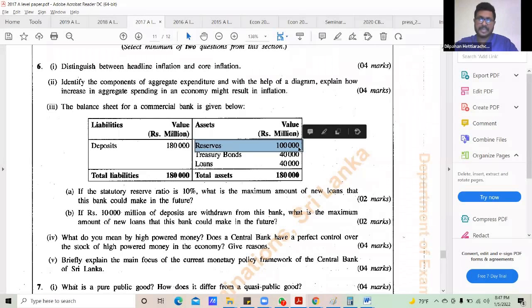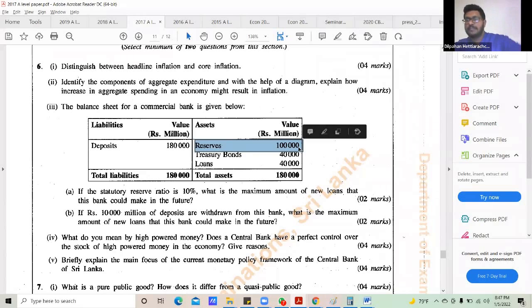So here they have 180,000 in deposits. From this 180,000, 10% needs to be kept as reserves for the safety of the commercial banks. Whenever these depositors ask for money, banks should have 10% with them in order to say, so you want money, take this.